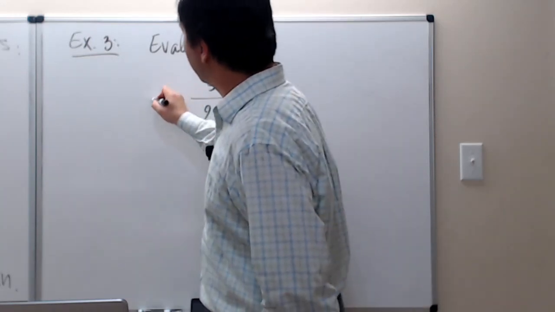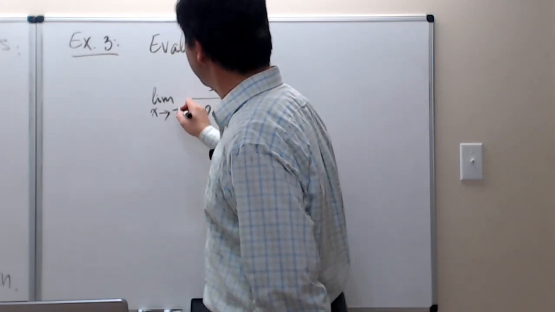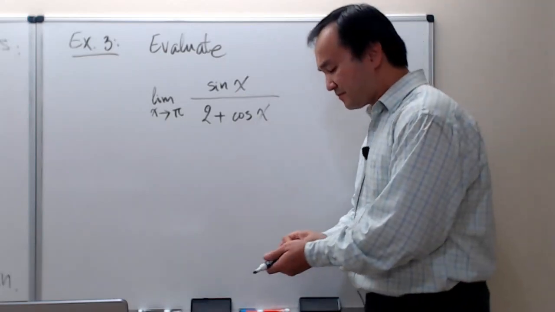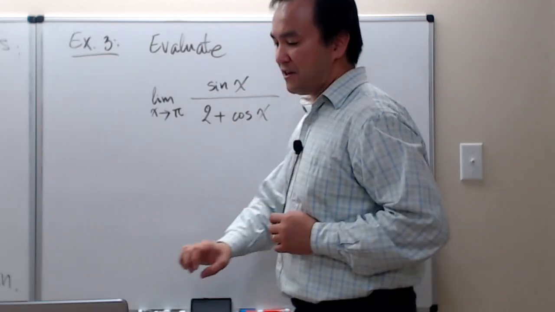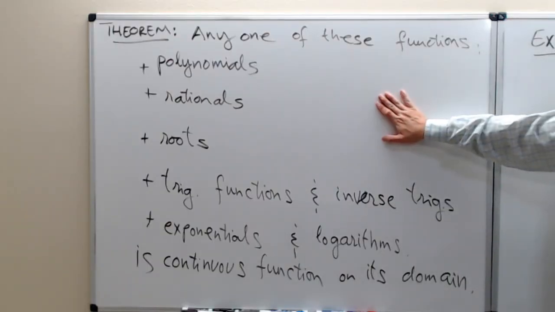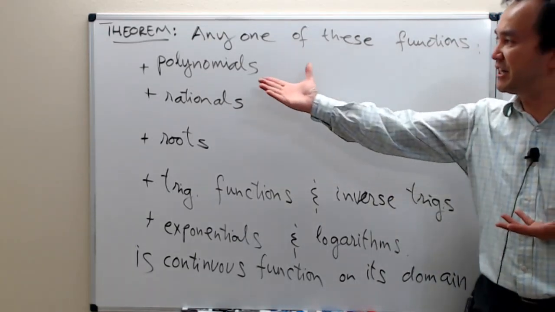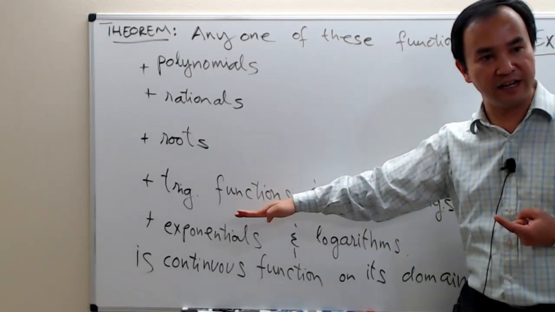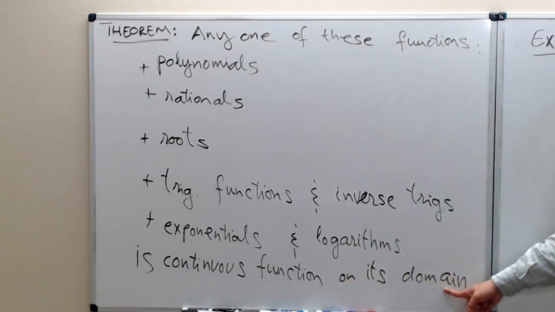and let's say we want x getting close to pi. Now back to what I said earlier. Before knowing about this theorem, this theorem is a way to guarantee that anytime we are working with any of these functions, they are guaranteed to be continuous functions on their own domain.